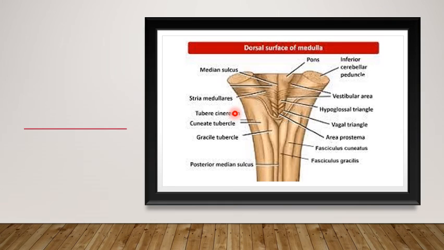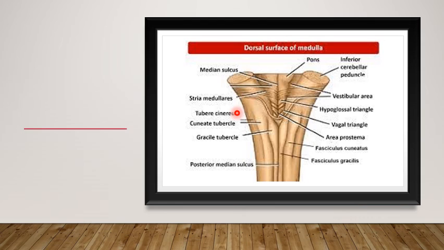So this is immediately lateral to the fasciculus cuneatus, here and here also immediately lateral to it. The posterior surface of the upper medulla forms the lower part of the floor of the fourth ventricle. So these are the things we have understood.